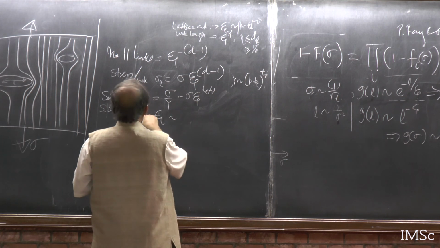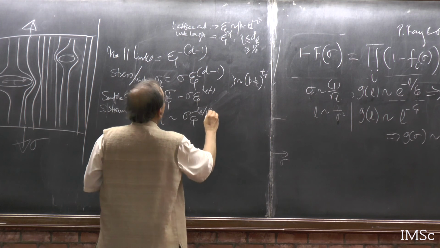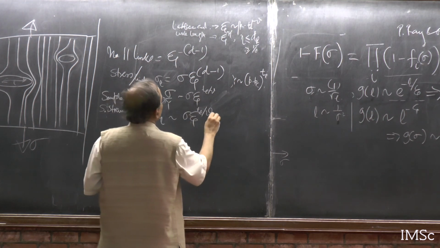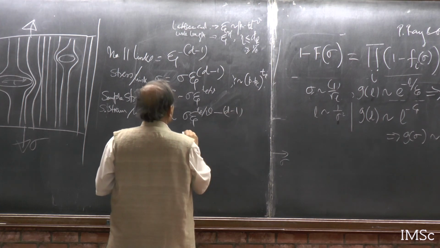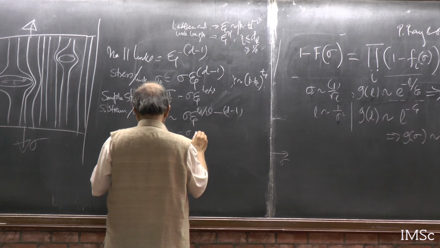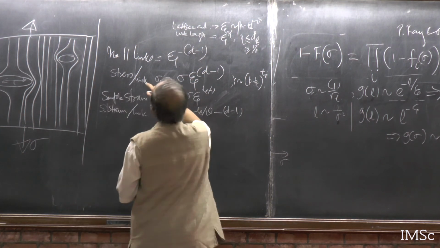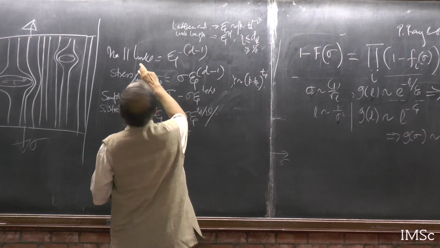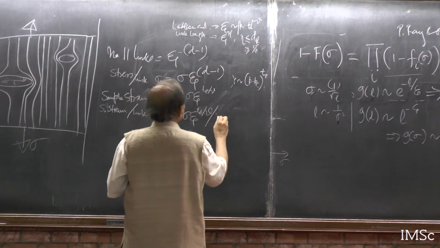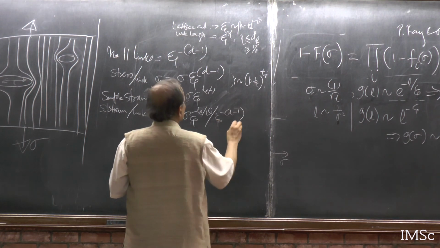So that would be, per link means this thing divided by the number of links, so that is plus minus d minus 1, so that is sigma, no, this was, sorry, and the number of links is this one, xi to the power minus of d minus 1.